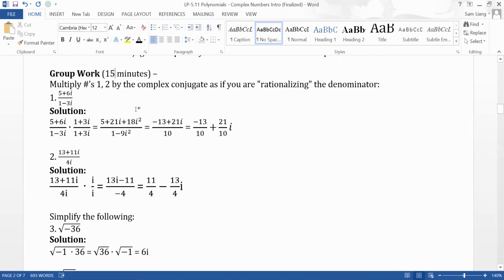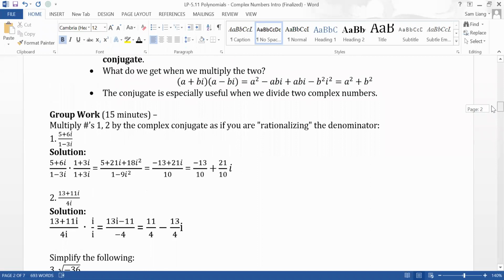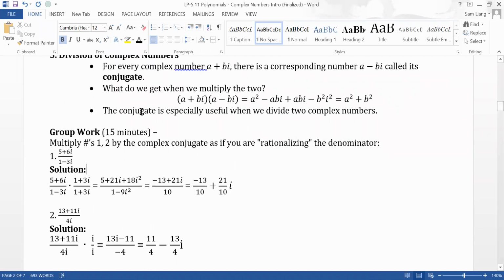All right. Anyways, for the first question, 5 plus 6i divided by 1 minus 3i. So as we said just earlier, we're going to multiply by the conjugate. The conjugate of the denominator is 1 plus 3i. So essentially, we have this division of complex numbers problem, 5 plus 6i divided by 1 minus 3i.